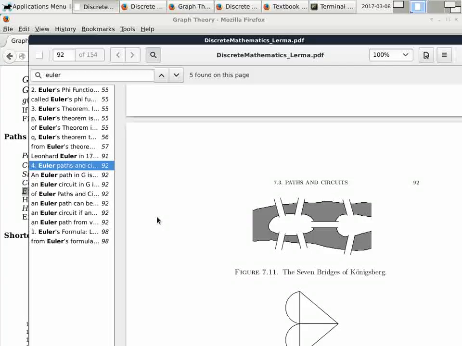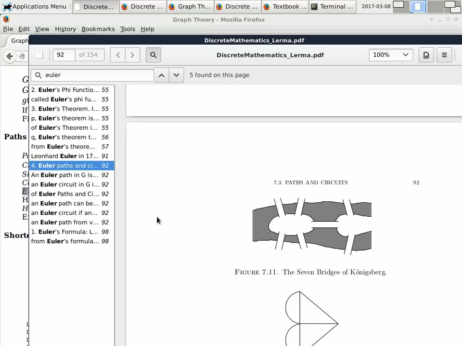This is a bridge to go from one side to the island. And once you are on the island, you can come back by this bridge, you can go to the other side with one of the 2 bridges, or even go to the other island. And so the idea is, on a Sunday afternoon, can you start from one point, cross every bridge only once, and go back to the same point?